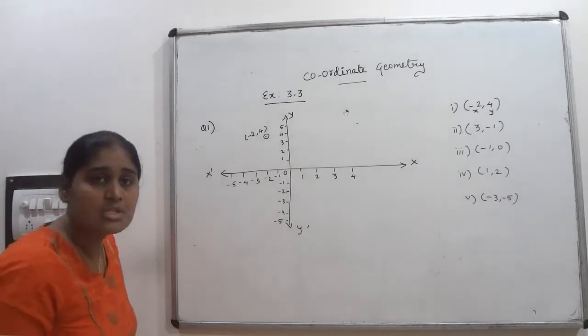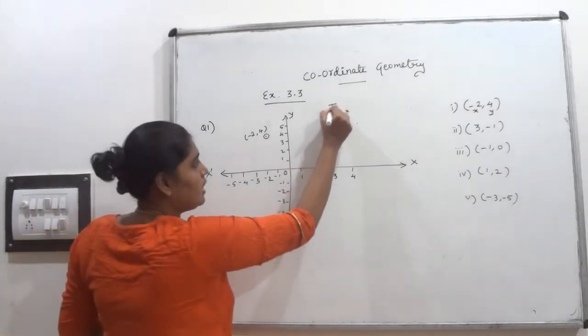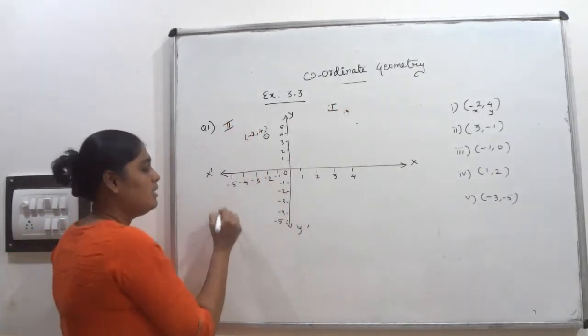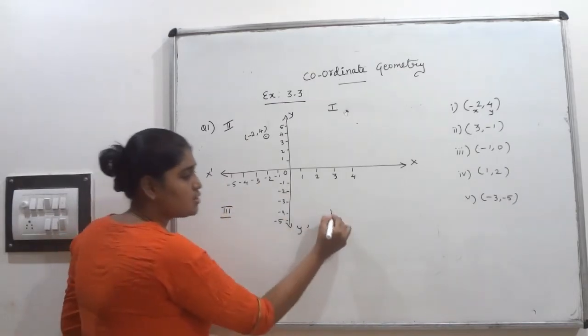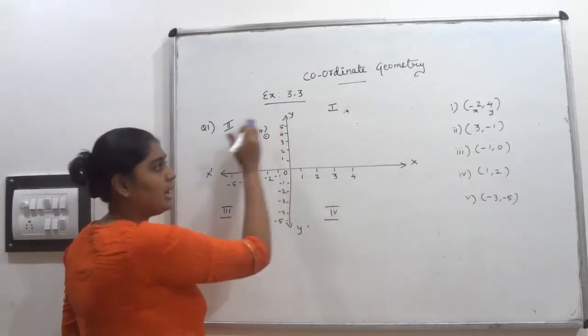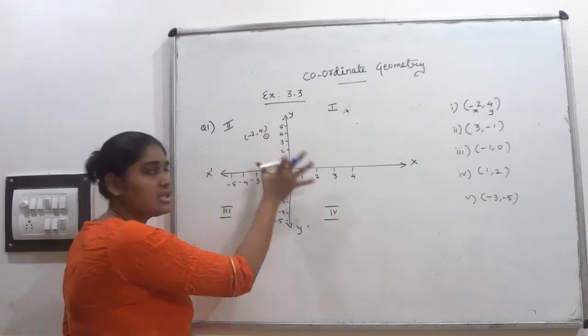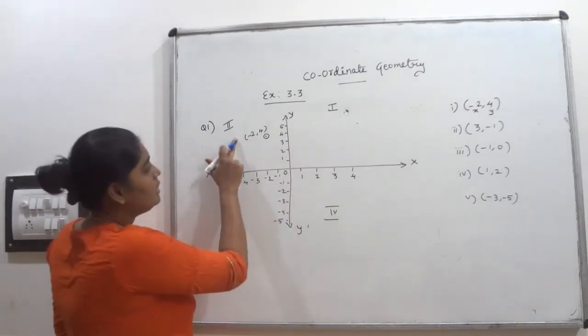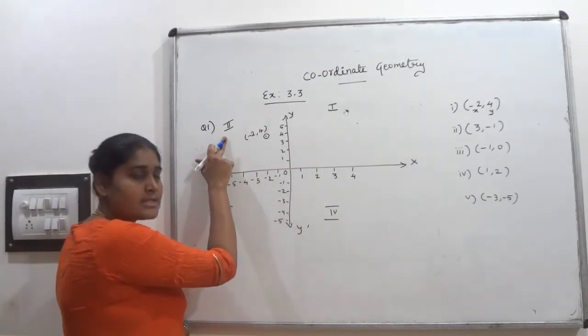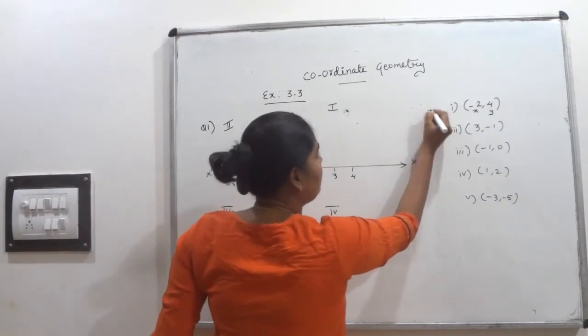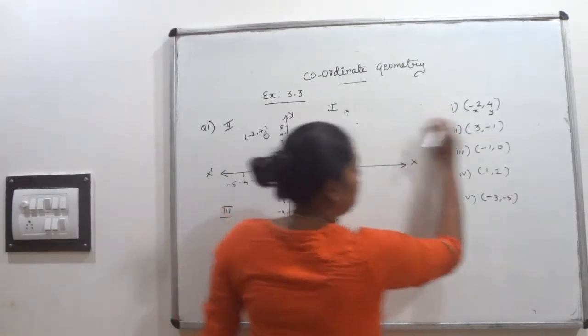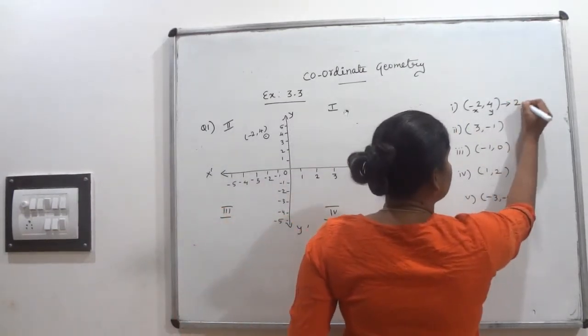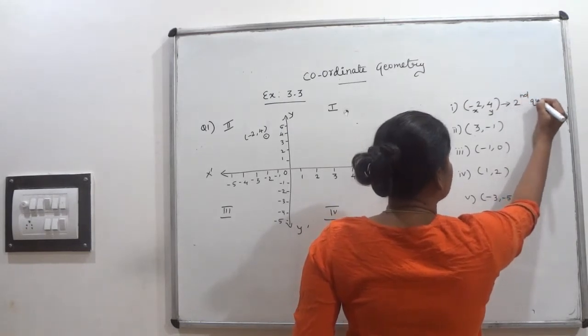Which quadrant does it lie on? This is the first quadrant, this is the second, this is the third and this is the fourth. You have to write the quadrants in this order. So this point lies on the second quadrant, and I am writing it here: second quadrant.